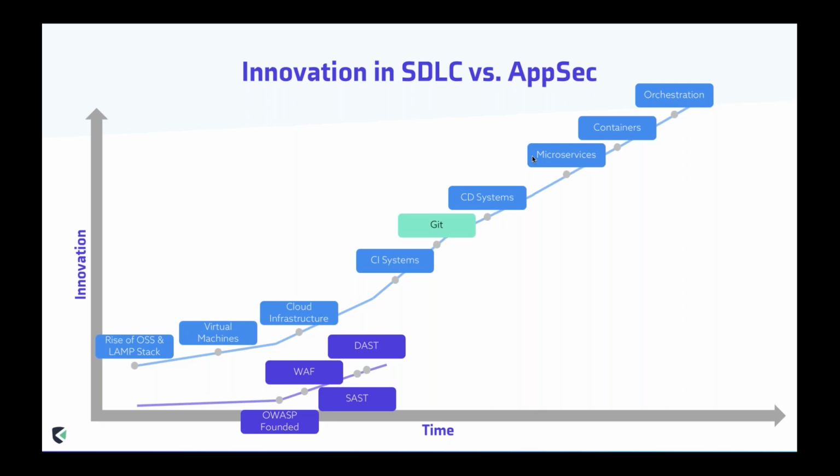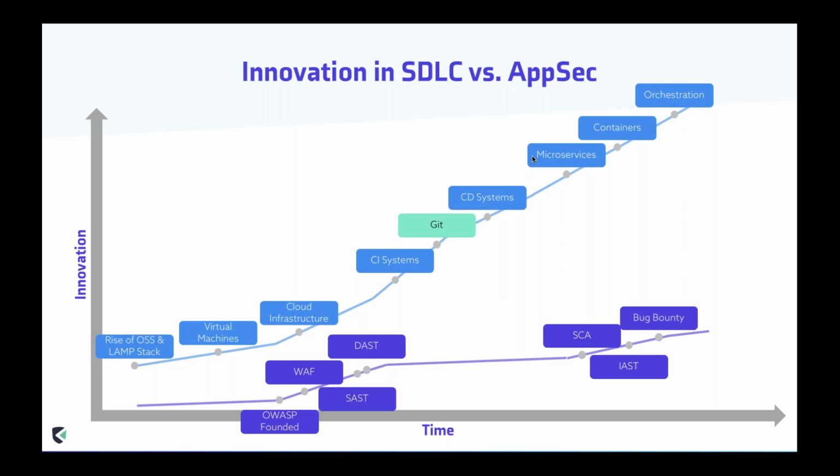But unfortunately, since 2003, there just hasn't been the same level of innovation in application security that there has been in software development. And so what this means is that much of the way in which we think about securing applications is actually rooted in this 2001 to 2003 time period.